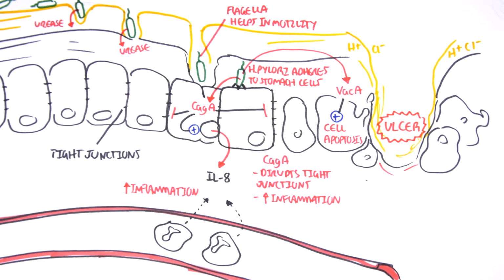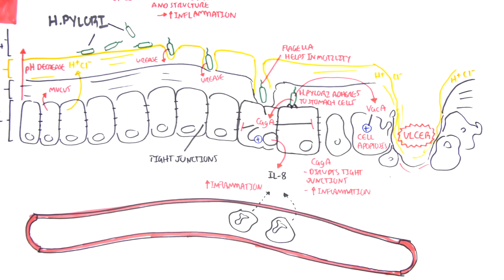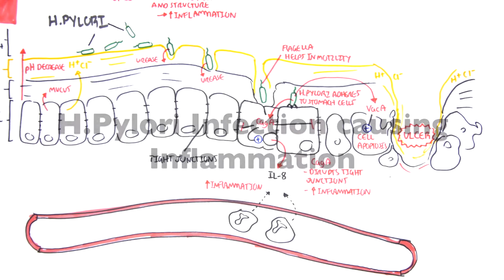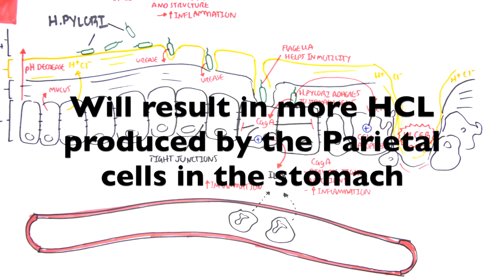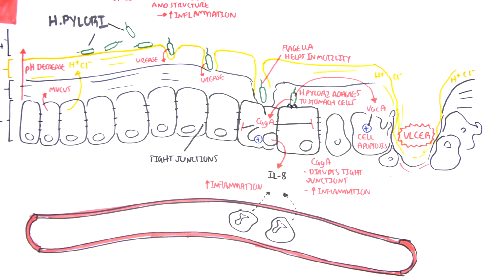And this is how the ulcer is formed. It should be pointed out that the H. pylori infection in the stomach, which will promote inflammation, will actually result in a lot more hydrochloric acid being produced by the parietal cells. And this is because inflammation promotes hydrochloric acid secretion in the stomach due to histamine, for example.